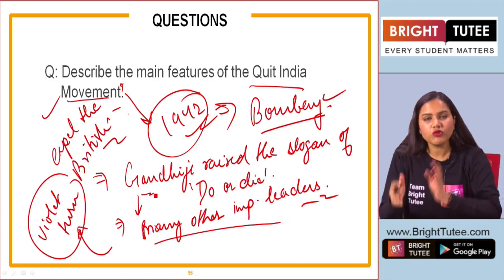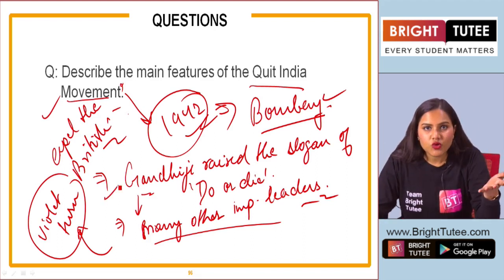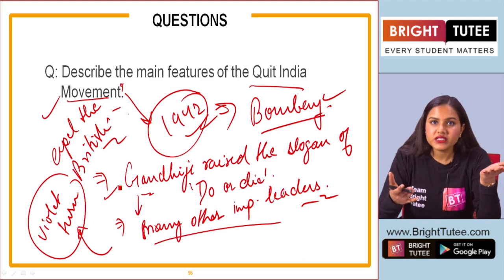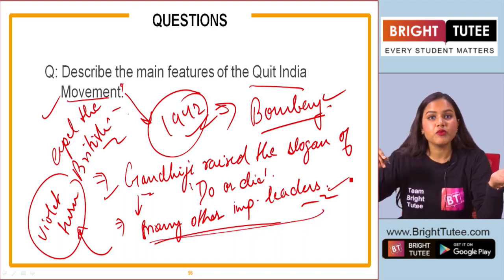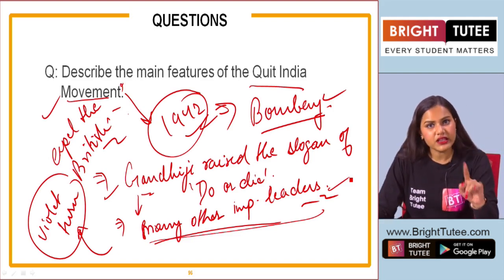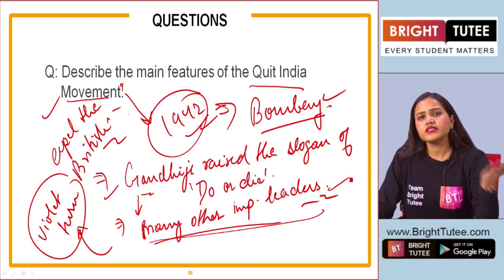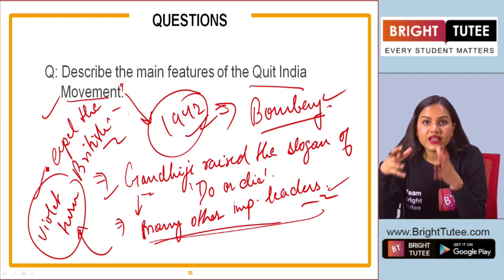You have to talk about when the movement started, when Gandhiji raised the slogan, and how many people participated in the movement. This is an important feature. Then you have to talk about all the political leaders who went to jail, who were arrested, right? But still, under the leadership of local leaders and some other important leaders, the movement took a violent turn.